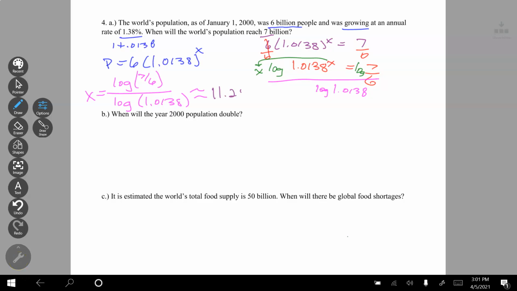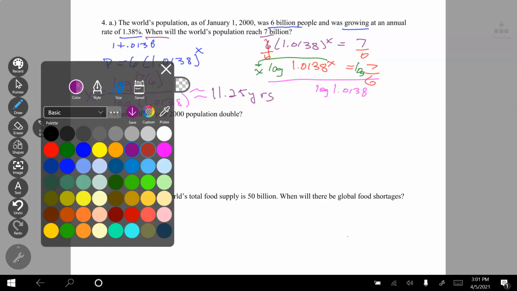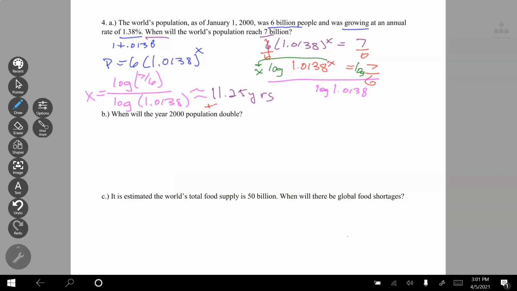So it was 11.25 years, but I didn't say in how many years. I want to know when. That means I want the actual calendar year. So the initial year was 2000. So I have to add 2000 to this, and it's actually the year 2011. About 1/4 of the way through the year, but sometime in 2011 we hit 7 billion people.